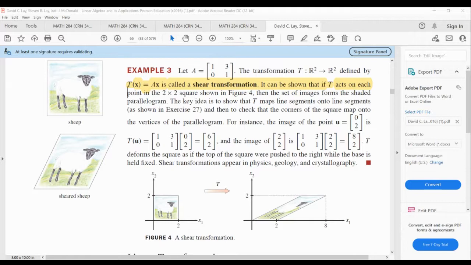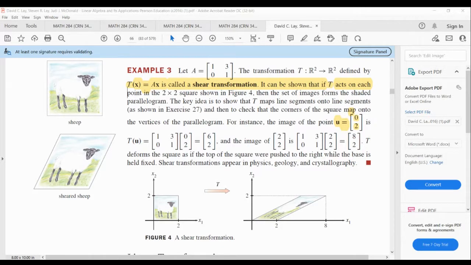So, for instance, let's take a point like 0, 2. If you look in figure 4 on the left, the sheep is contained in a square, and the height of the square is 2. The square is bounded by the lines x1 equals 2 and x2 equals 2.